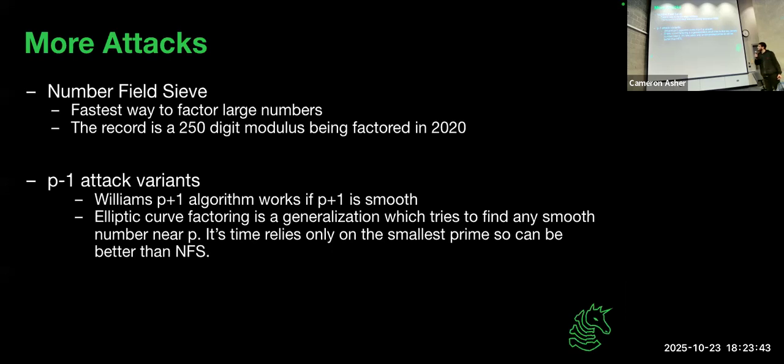But this is a bit slower, so it's the fastest algorithm we know for numbers that have at least one small prime factor, whereas the number field sieve is the fastest if p and q are of similar size.